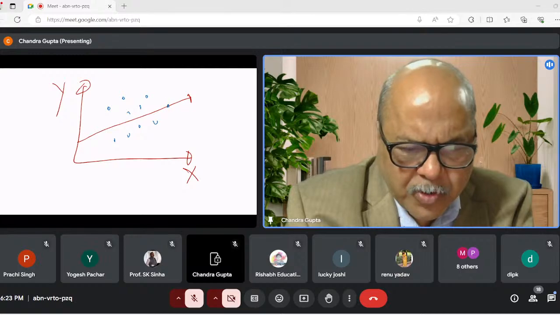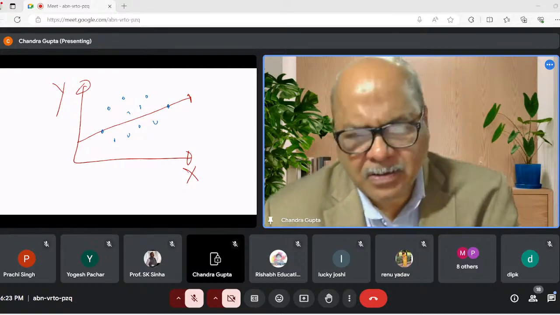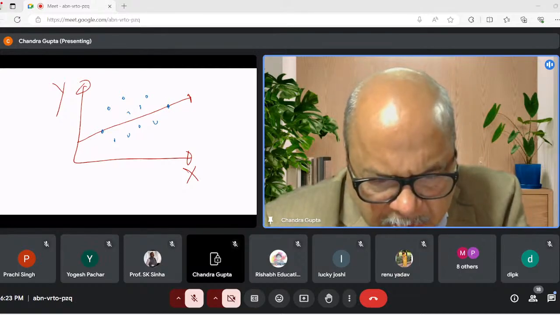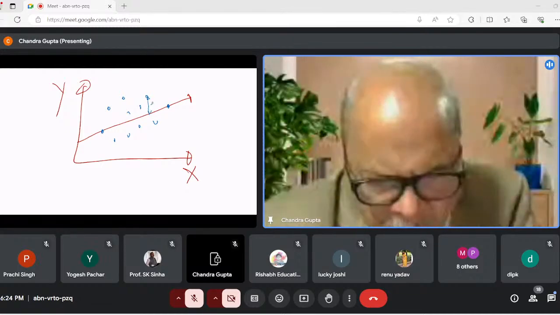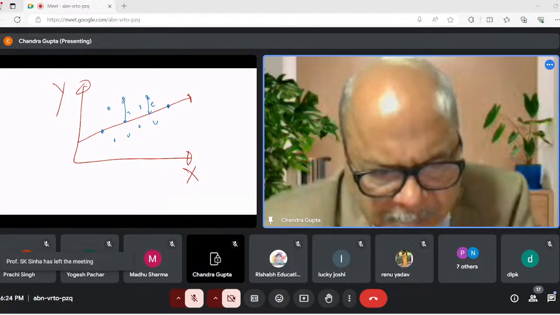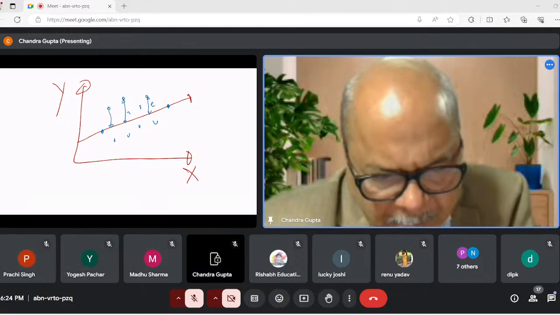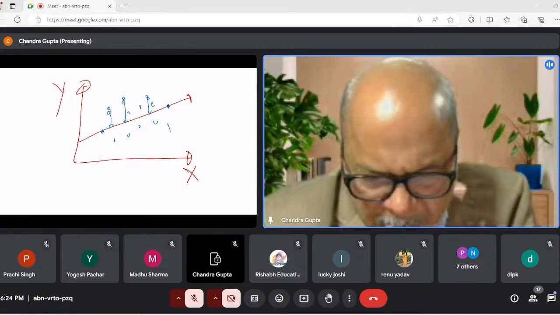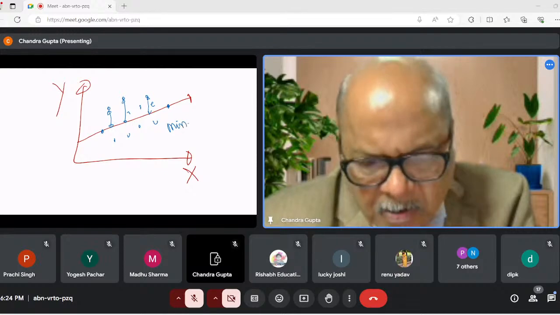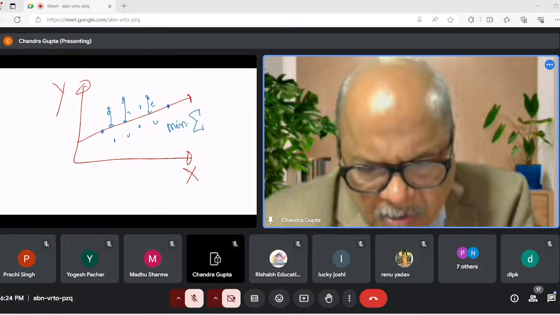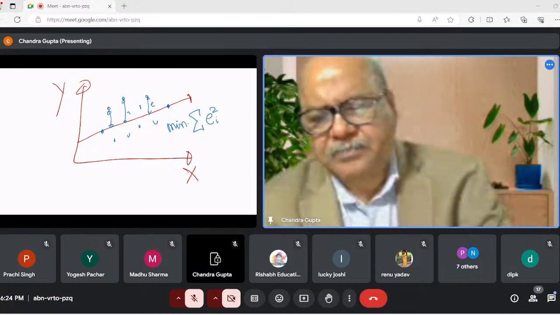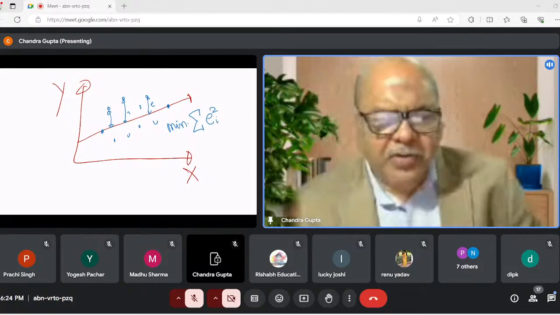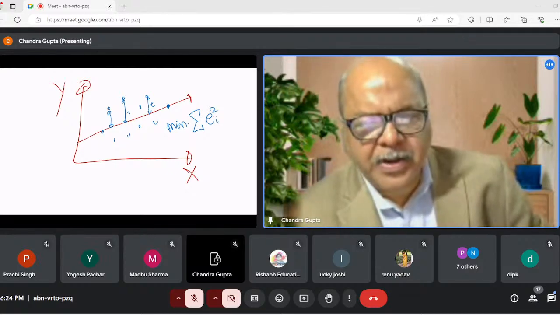Some of them may be on the line, some of them may not be on the line. The difference between the actual points and the regression line is called your error term. So we minimize the summation of the square of error terms, and then we try to get the values of alpha and beta.